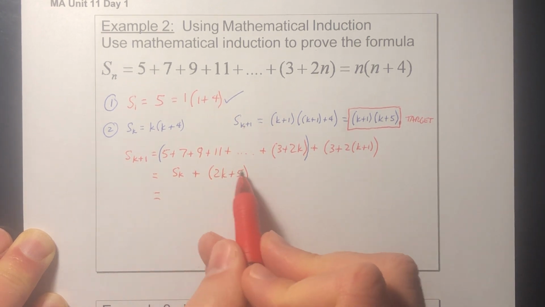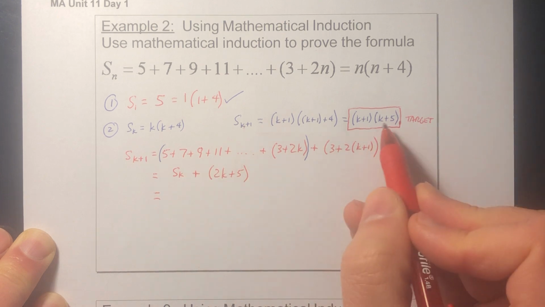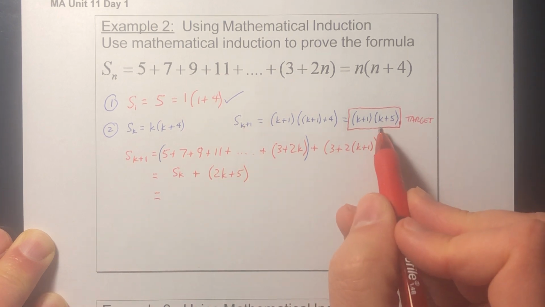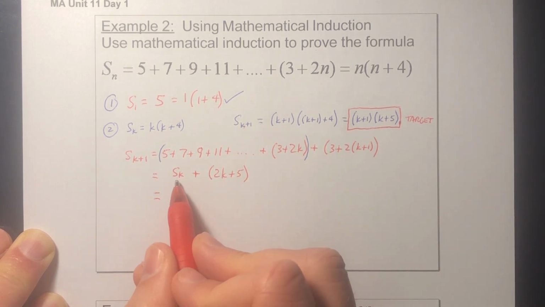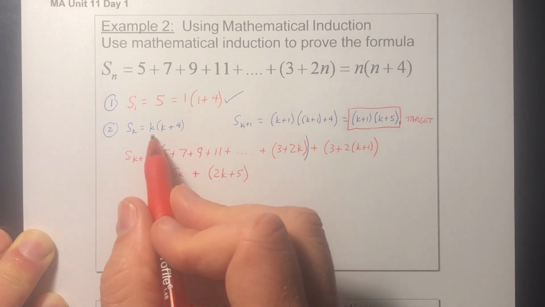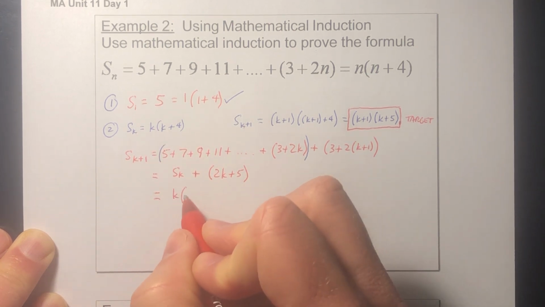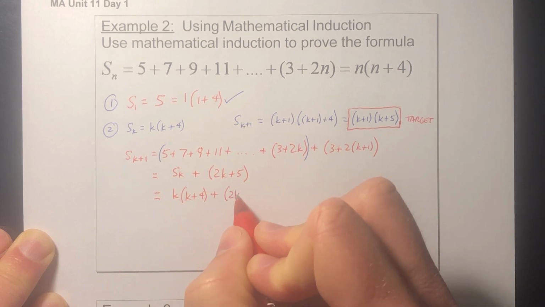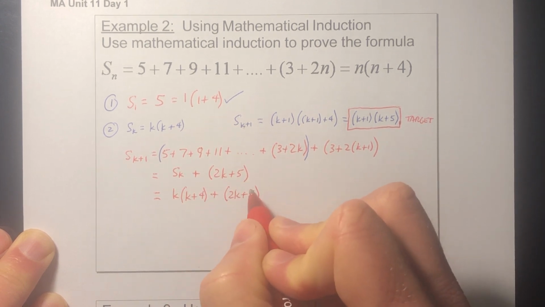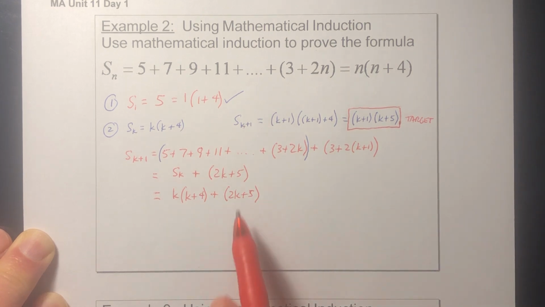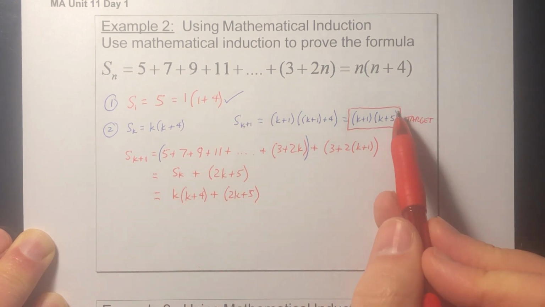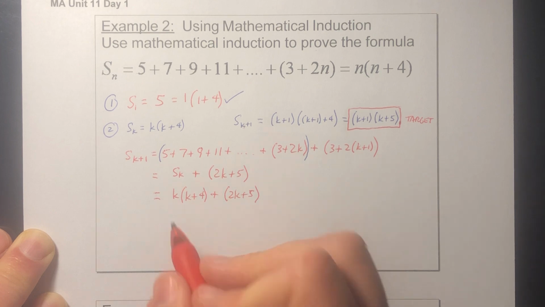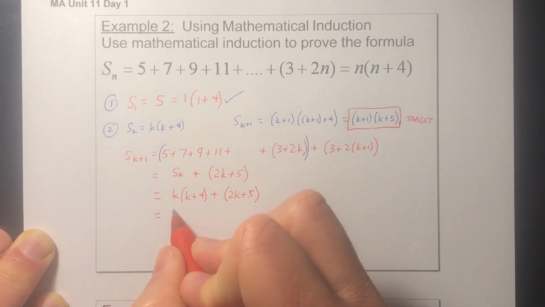Now remember, our goal is to somehow turn all of this into our target. That's our target. That's what we want to get to. Now this s sub k, if we come back up here, that's going to be k times k plus 4. Okay, now again, remember, all of this should somehow end up to be our target. Okay, so we're just going to distribute the k.